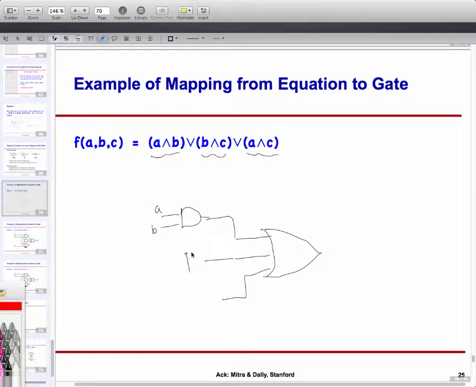The second input is also an AND gate, B and C. So I feed B here, and C. The third input is A and C, so it's also an AND gate. It takes C out here, and A out here. Okay, so that's what my gate is, and then the output.